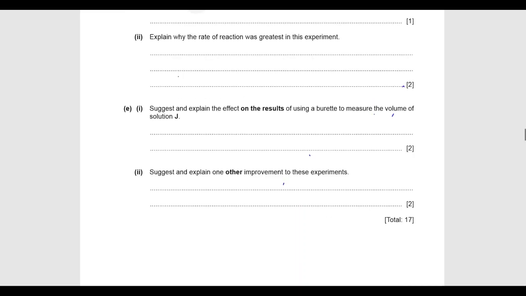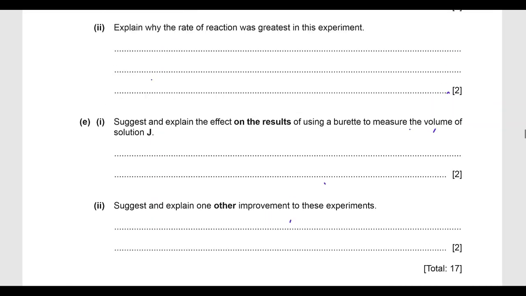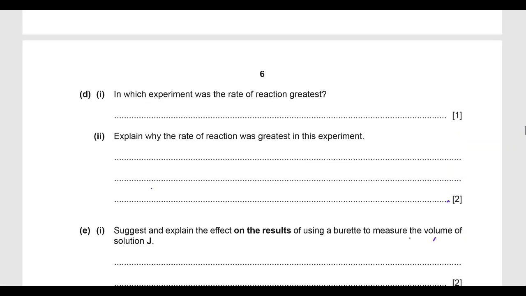Okay, so in the next question, in which experiment was the rate of reaction greatest? It's very clear, experiment number 4, because the time taken to turn the color of the mixture to pale yellow is only 18 seconds. That means the rate of reaction is greatest in experiment 4.